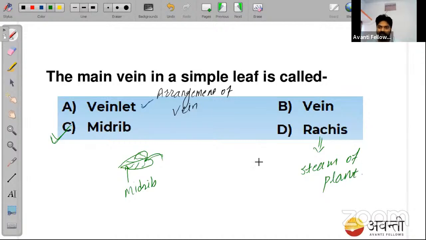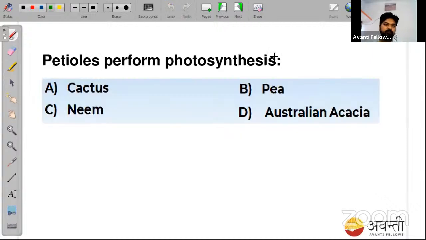So I think this is also clear in your mind. If you have any doubt, or any issue, then message me. Correct, Gopika. Correct, Ashwin. So next, which plant's petiole performs photosynthesis? That is the question.